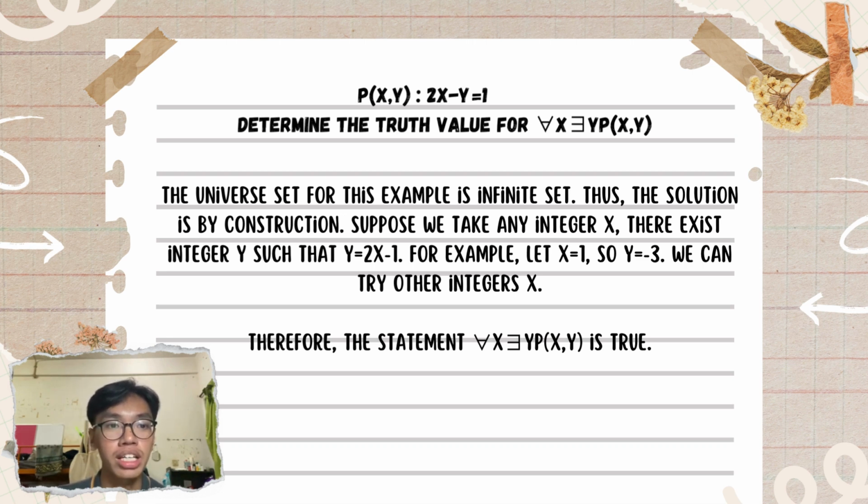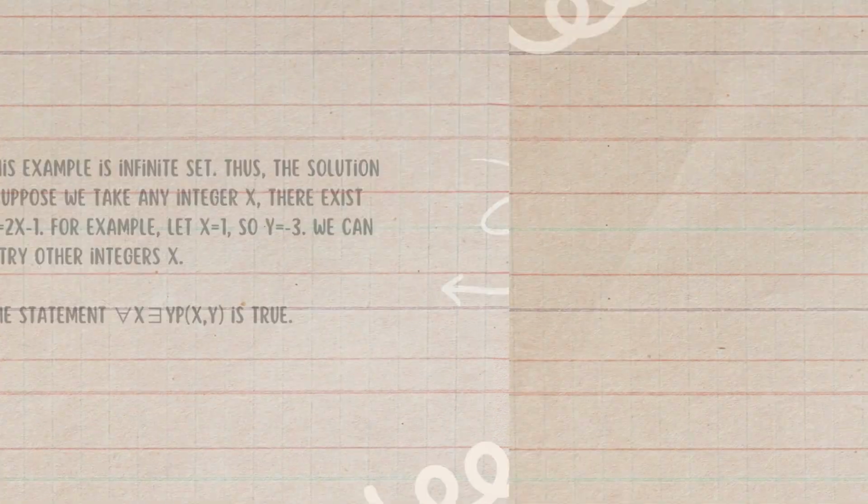Suppose we take any integer x, there exists an integer y such that y equals 2x minus 1. For example, let x equal 1, so we will get y equals -3. We can try other integers for x. Therefore, the statement for all x and for some y, P(x,y), is true.